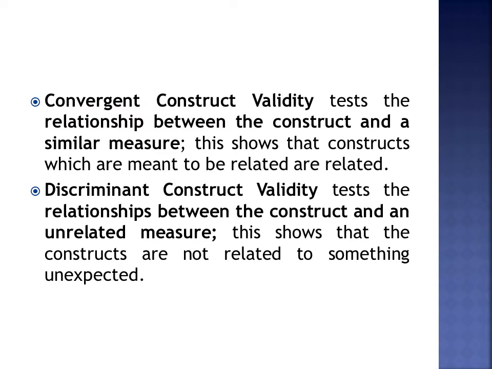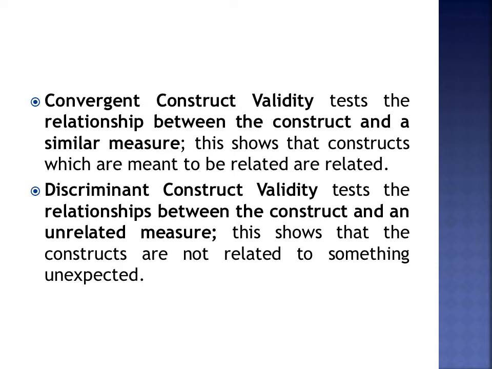So here, the difference between convergent construct validity and discriminant construct validity is that in convergent construct validity, you're going to get the same construct that you have. And if there's a relationship, it means that you have a very good convergent construct validity. And discriminant construct validity is that you are going to get a different construct or opposite construct of the construct that you have.